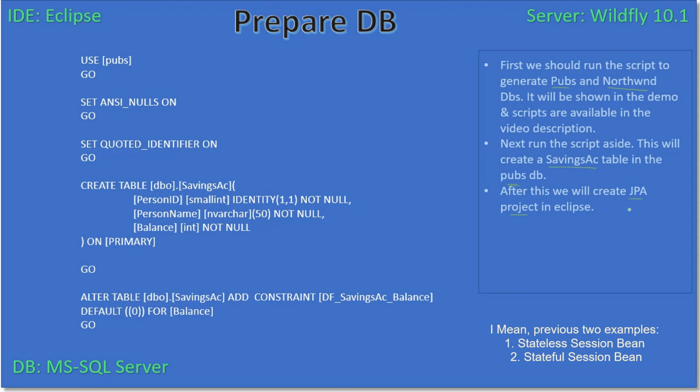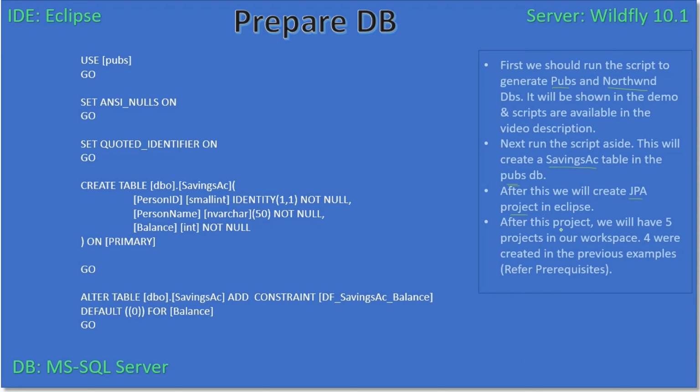One is the EAR project, the next 2 projects are for JavaBean and JavaBean client, and the fourth one is the dynamic web application. So on top of these four, we will create a JPA project in this video. After creating this JPA project, our workspace will have 5 projects. 4 were created in the previous examples, so you can refer to the prerequisites.